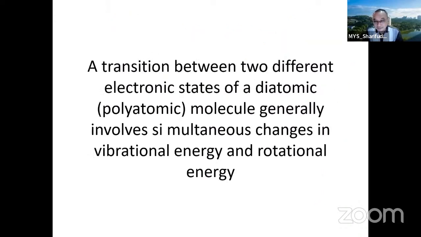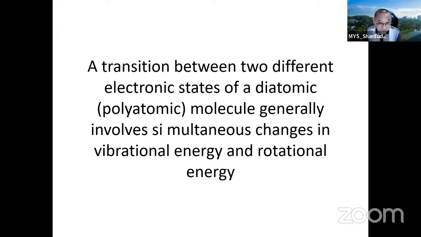Next slide. So a transition between two different electronic states of a diatomic or polyatomic molecule, basically. To understand the Franck-Condon principle, of course, it's easier to look at the diatomic case, because the polyatomic case is multidimensional. You can only see the manifestation of the Franck-Condon principle on the spectrum, but you can't really see or understand the spectrum based on the potential surface, because the potential surface for a polyatomic molecule is multidimensional.